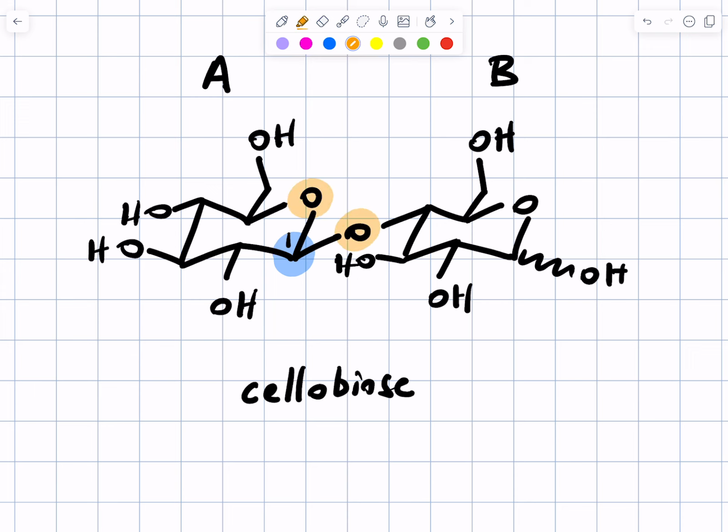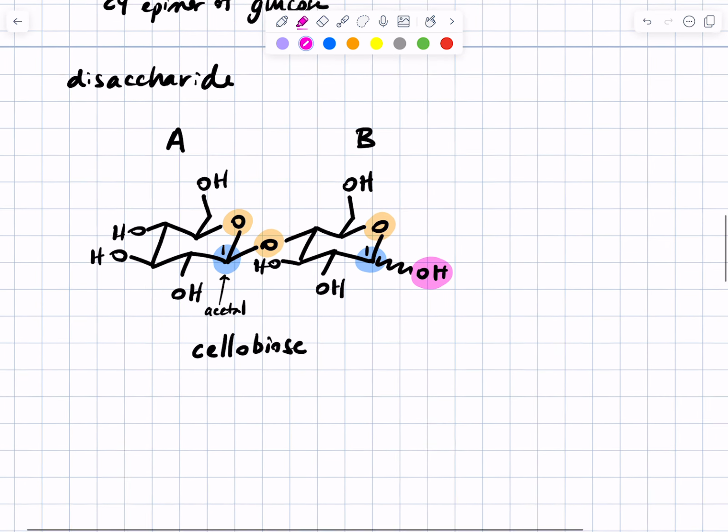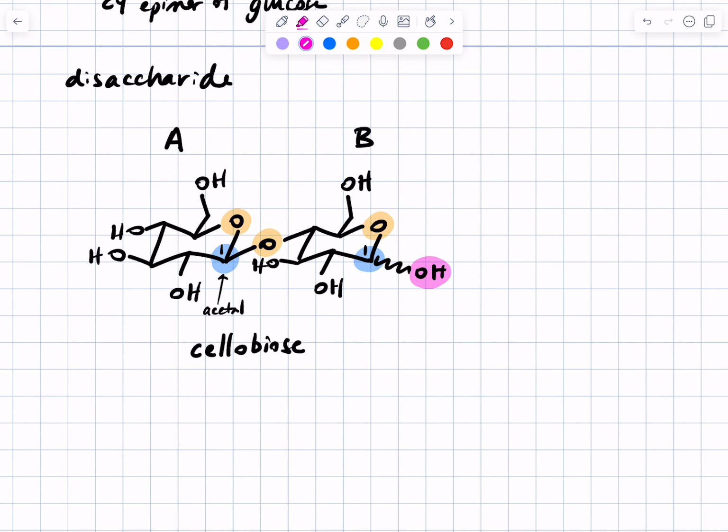You can tell it's an acetal because it's got 2 OR groups attached to it. Good. How about C1 of the second subunit B? What kind of functional group is that? Hemiacetal, good. You can tell that it's a hemiacetal because it's got an OR group and an OH group attached to the same carbon.